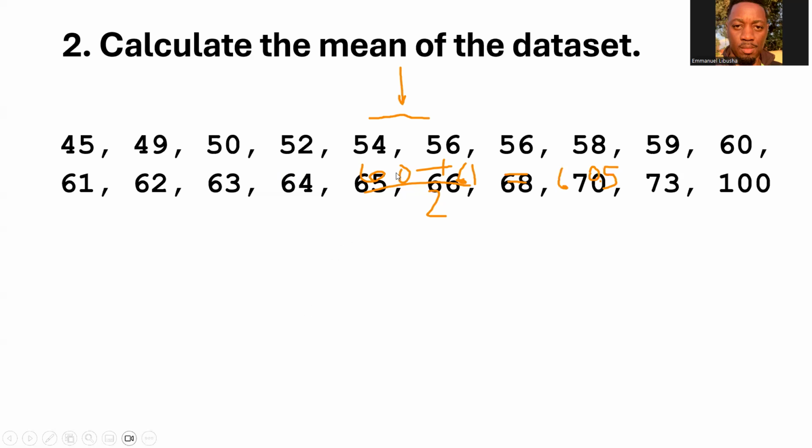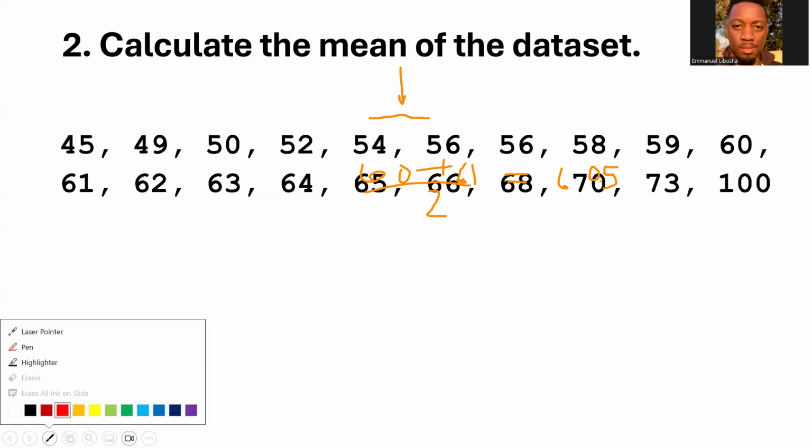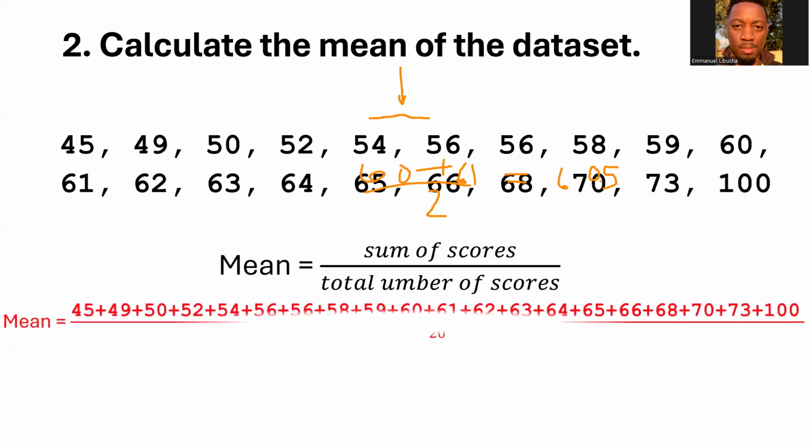The next question says calculate the mean. In terms of calculating the mean, this one is simpler. The formula is the sum of scores divided by the total number of scores, which means we're going to add all those numbers, and after adding all those numbers, we divide them by the total number of scores.